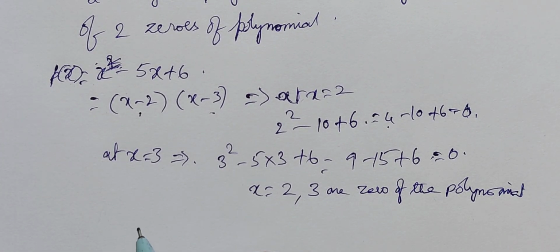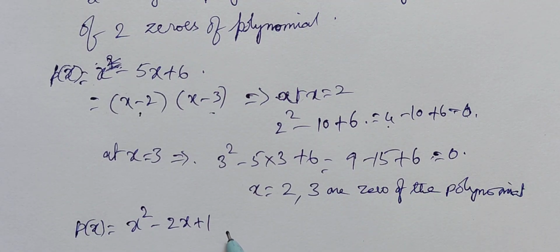There may be certain cases, like x square minus 2x plus 1 as my polynomial. This is my p of x. How can I write it? It is x minus 1 whole square, using a square minus 2ab plus b square.